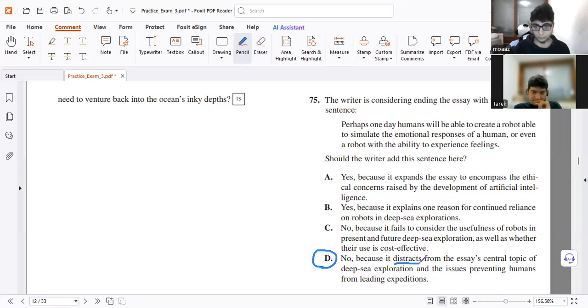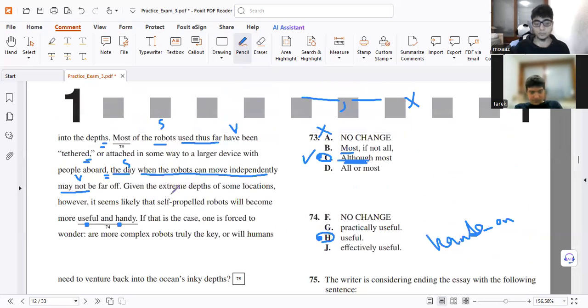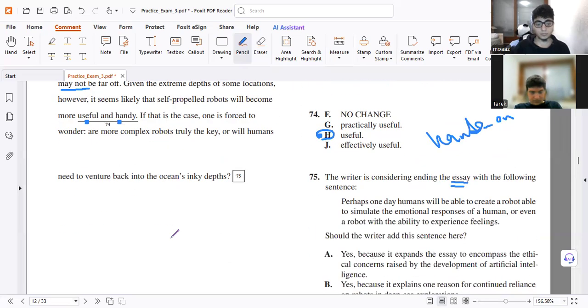Distract means you add information not related to the essay and the paragraph. If you are confused about the essay or you forget what you have read, read the last paragraph or at least the last two sentences. That's why. Good job.